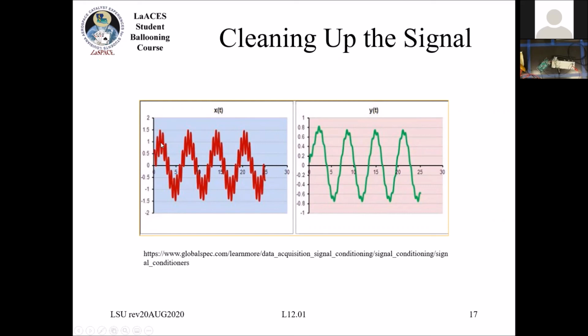And the idea is that we're interested in these big, slower changes, and this little small, much more rapid oscillation is some sort of electronic noise. So we could run that through a filter and sort of average out over these small oscillations, and we would get a smoother signal.